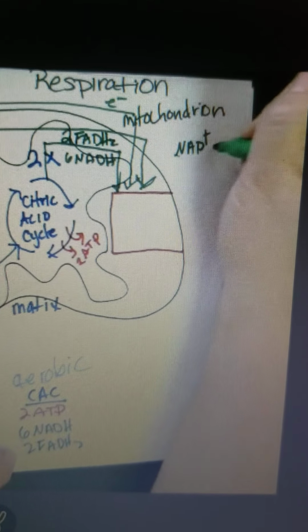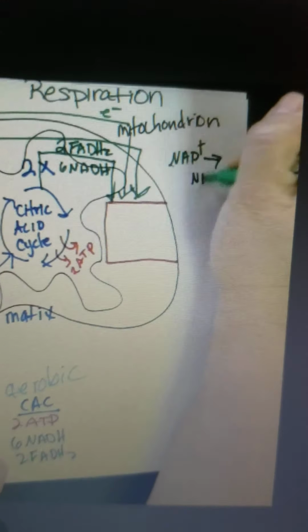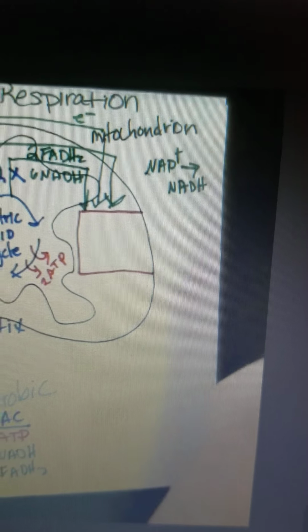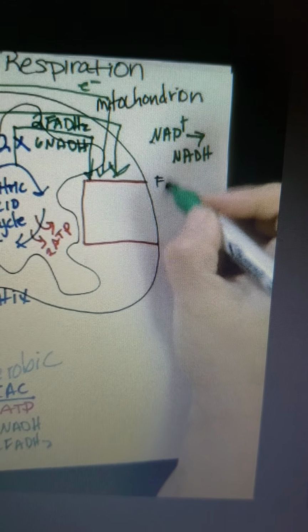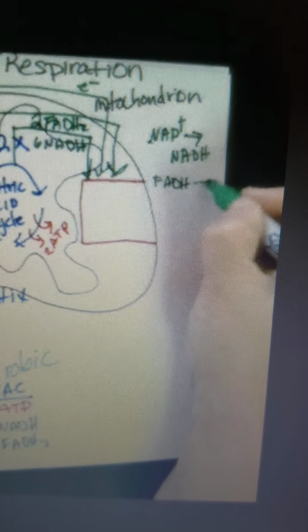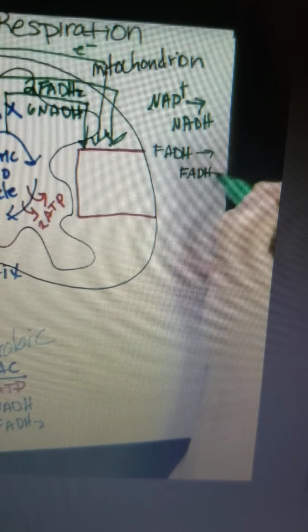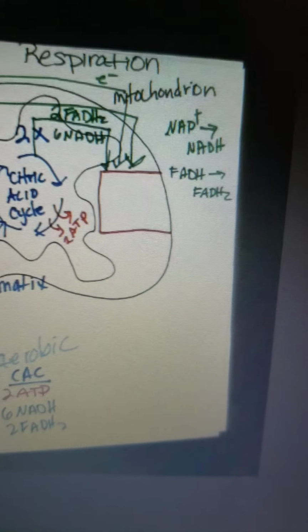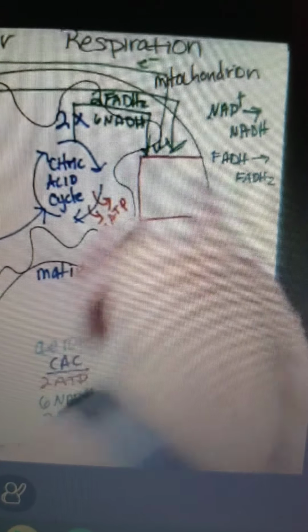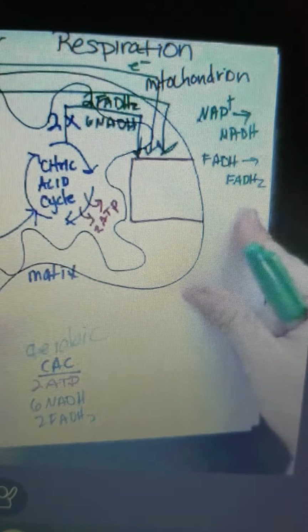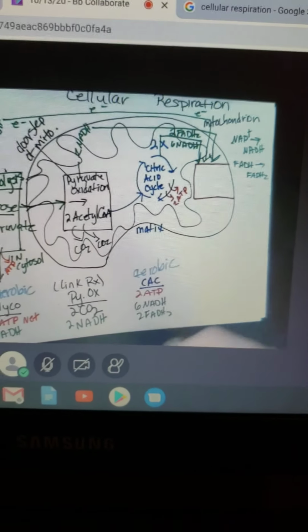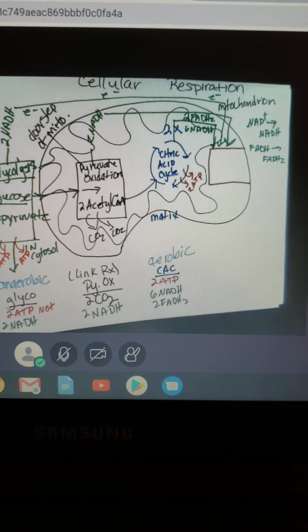So we have NAD+, and it's going to become NADH. And then we had FAD. We're going to add an electron and a hydrogen to it. It's going to be FADH2, all right? And so they're not doing anything with these hydrogens and these electrons other than carrying them over where we need them to be, where we're going to get the most bang for our buck, all right?